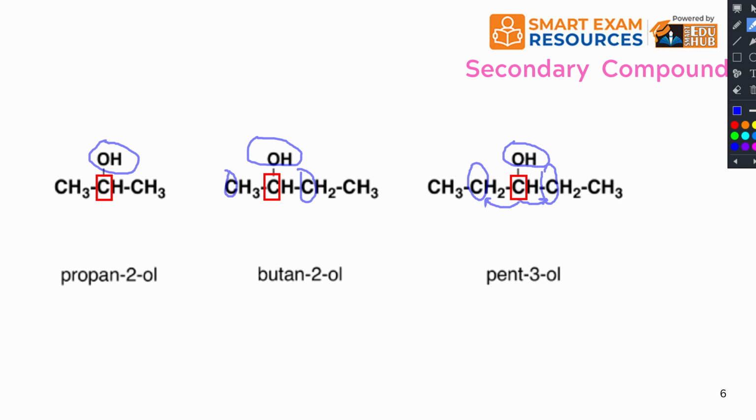Also, we can see that there is a hydrogen which is also connected to this carbon atom. So yes, all the rules that we have learnt about the secondary compounds are applicable in these cases, and therefore all these compounds on the screen here are secondary compounds, and they are secondary alcohols or 2-degree alcohols. Now let's move ahead.